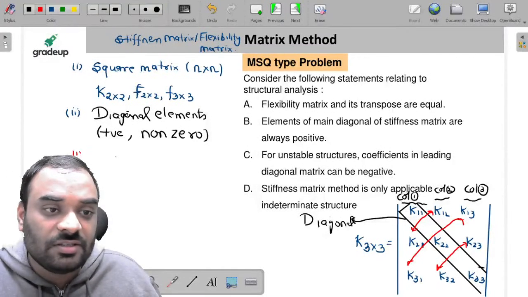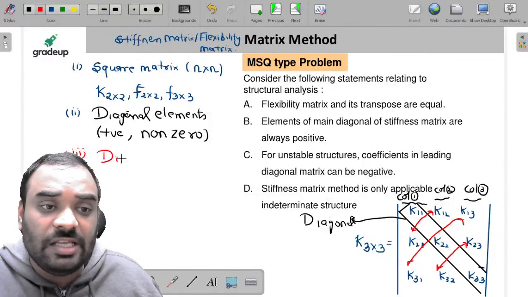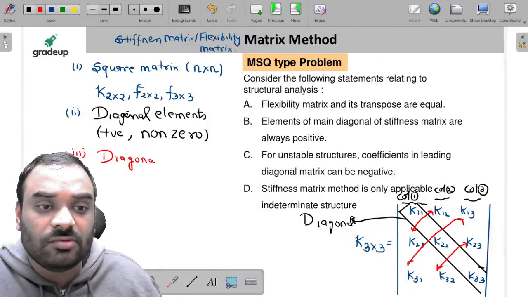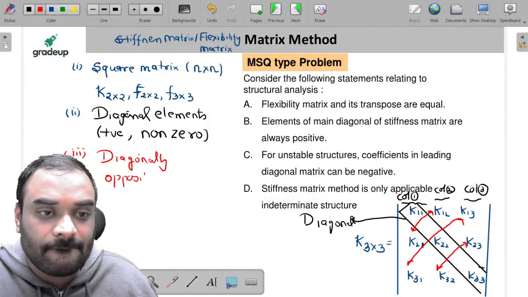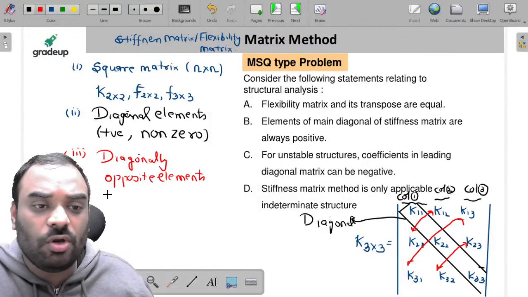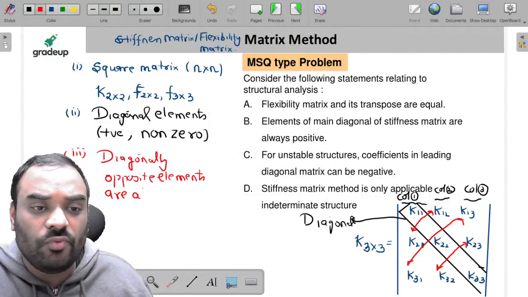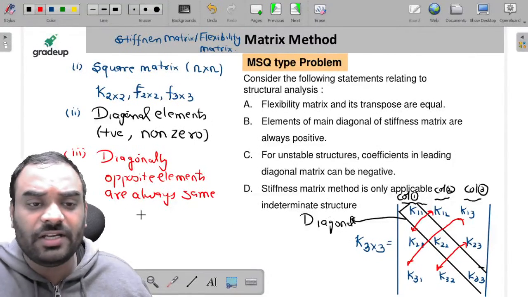So, my dear friends, the third property says diagonally opposite elements are always same. Why it is so, my friends?